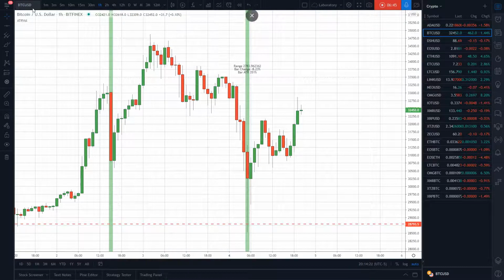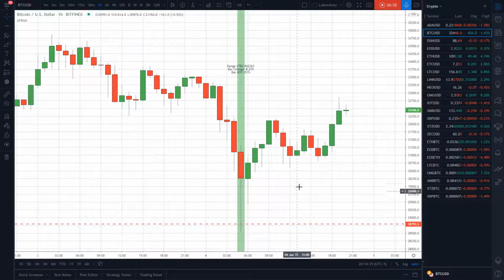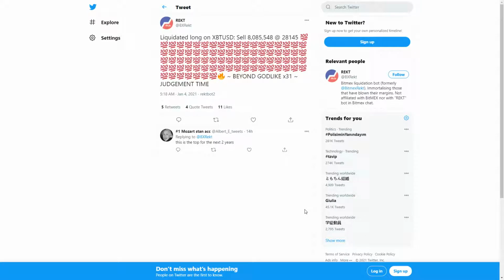Oh, that's XBT because that's their own symbol. But somewhere right around the bottom was where they got force closed. Now, doesn't that suck for them? Well, that's what happens. That's what creates these big dips, is people being on too much leverage and getting force closed.